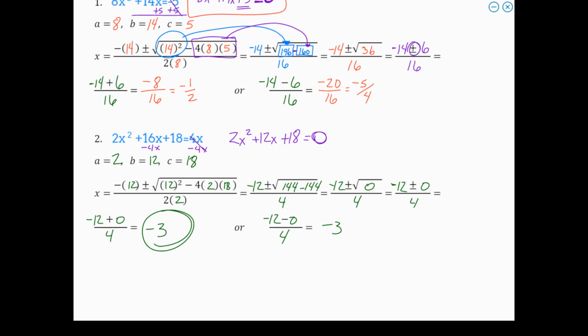So example number 2, you should have ended up with a -3 as your final answer. Notice that even if you worked both of them out, you got the same answer.